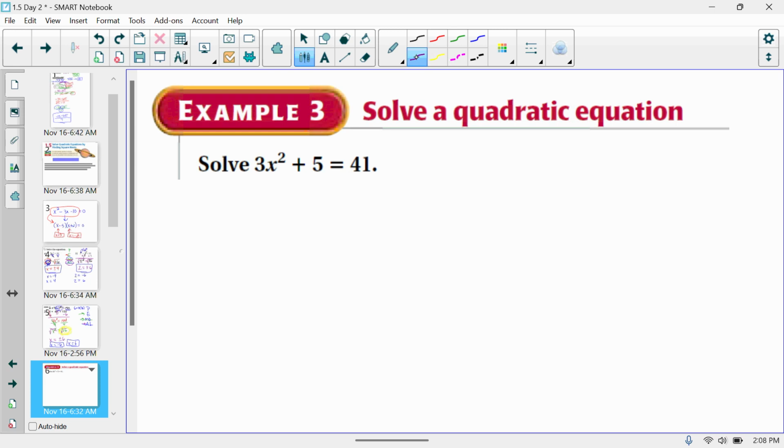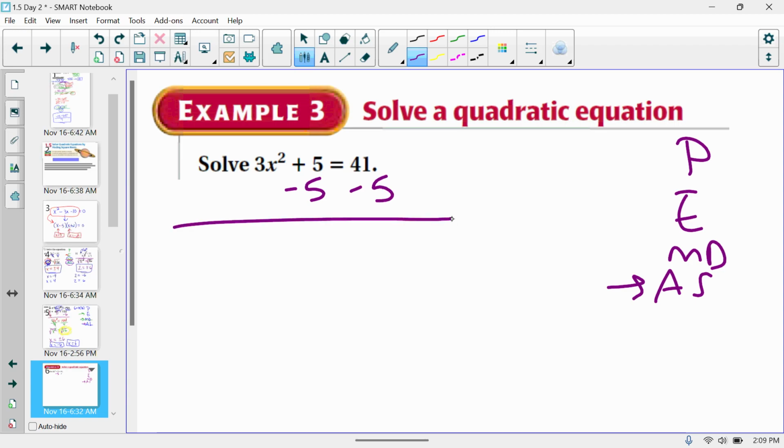So let's go ahead and start this the same way we did the last couple. We're trying to solve for x, so we're trying to work backwards till x is alone. So again, we're thinking about PEMDAS in reverse, which means we want to do addition or subtraction first. The reason we take away 5 is so we can get rid of it on this side and get closer to x being alone. 41 minus 5 is going to give us 36.